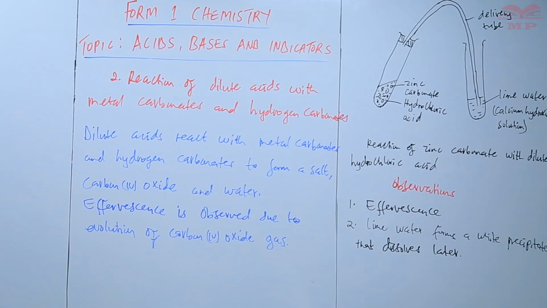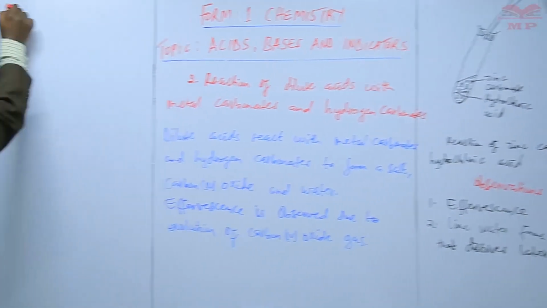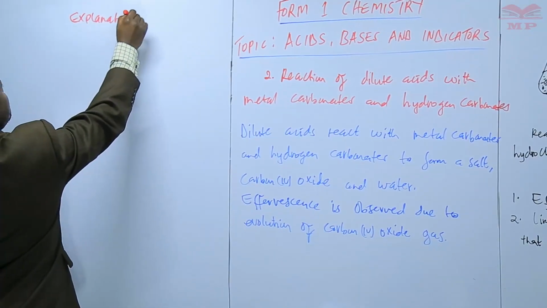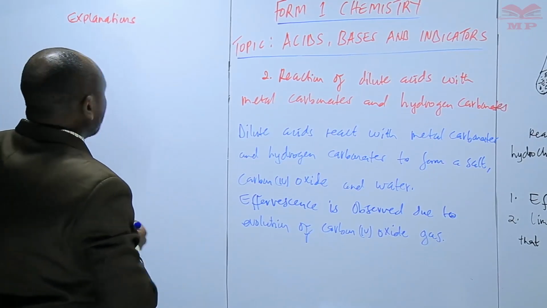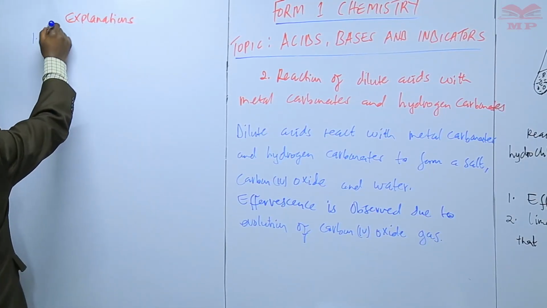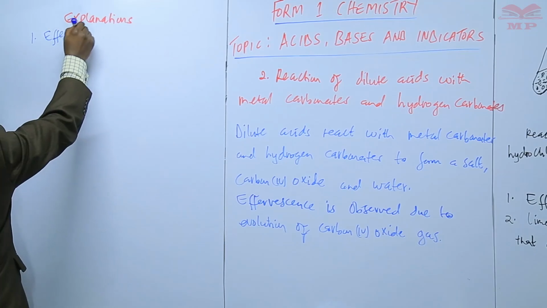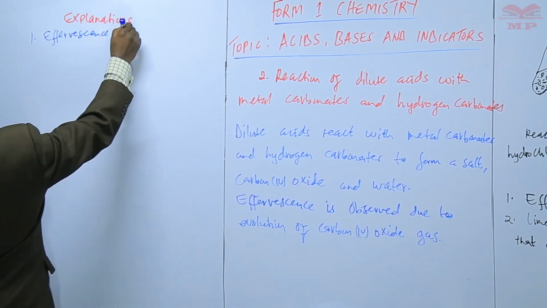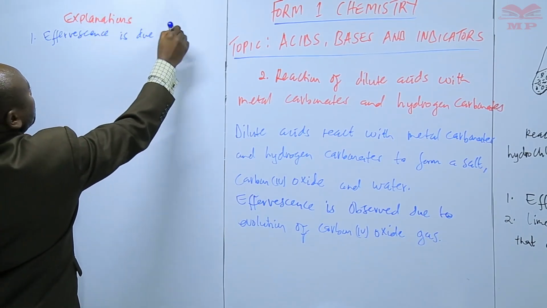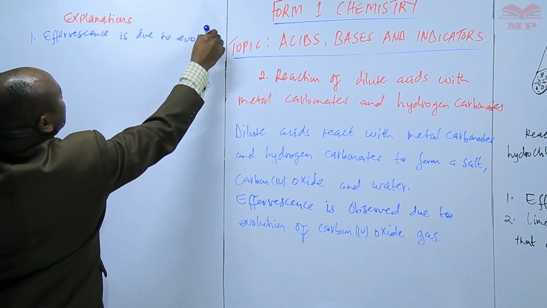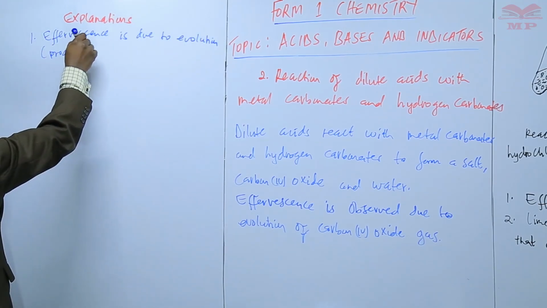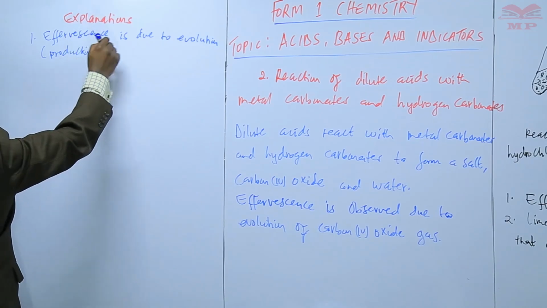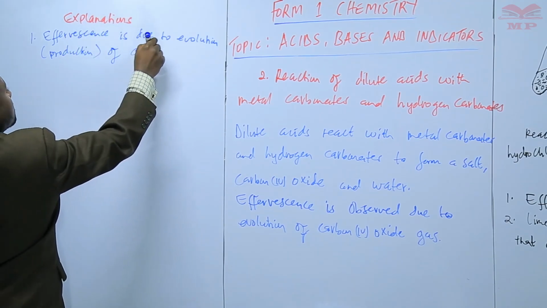Let us explain those observations. Explanations. So we are saying one, effervescence is due to evolution or production of carbon 4 oxide.